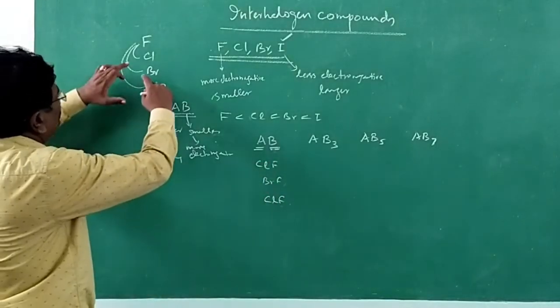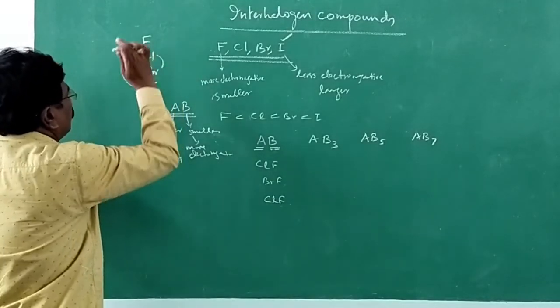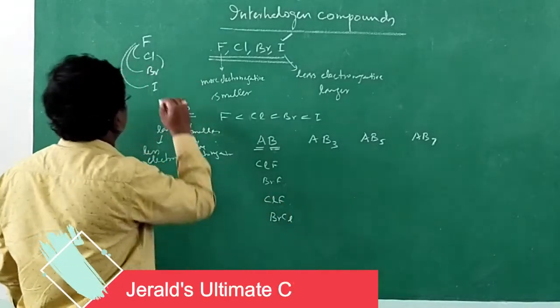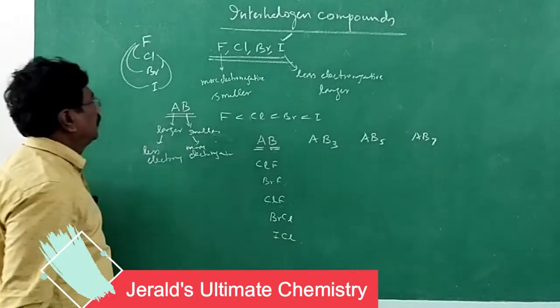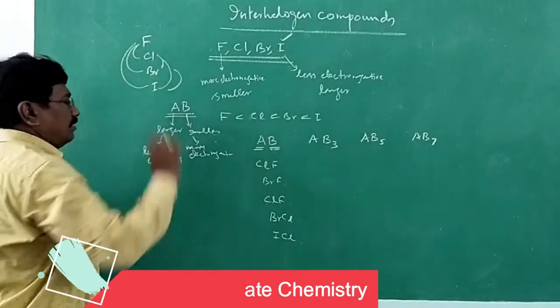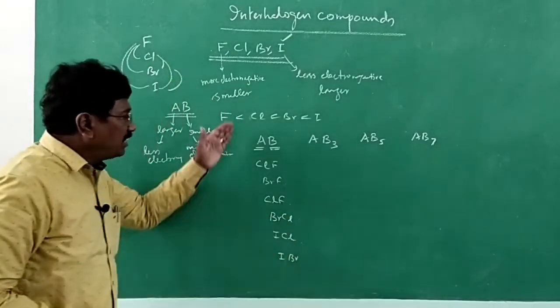And then it can be between bromine and chlorine, so BrCl, and then ICl. And last one, IBr. These are the possibilities, and all these compounds exist.